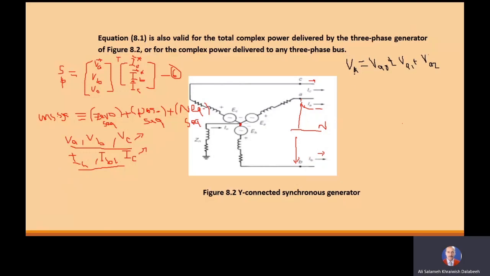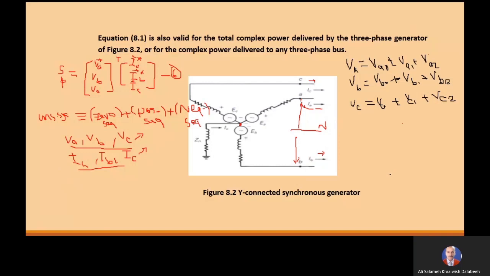Okay? And the same for voltage B. Voltage VB is equal to VB0 plus VB1 plus VB2. And the voltage of C, VC, equals VC0 plus VC1 plus VC2. Okay?